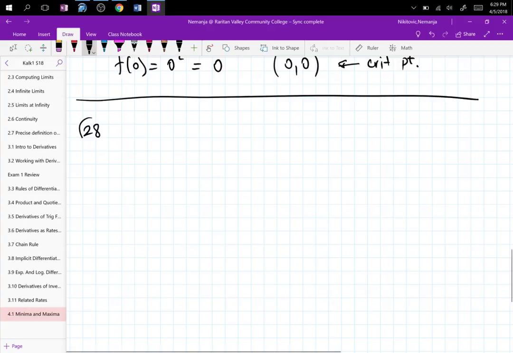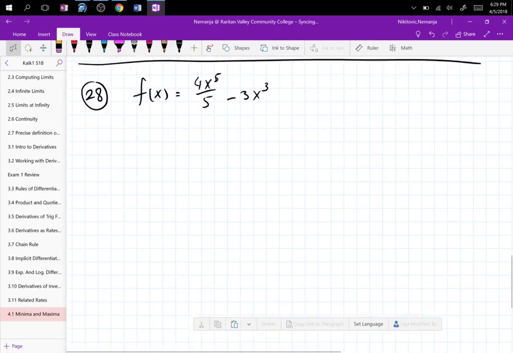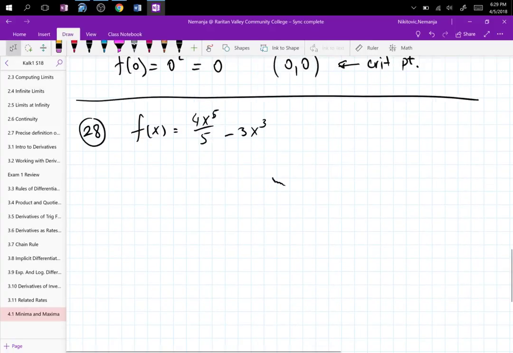It's a polynomial. So 28 gives you a function f of x is equal to 4x to the 5 over 5 minus 3x cubed plus 5 on negative 2 to 2.